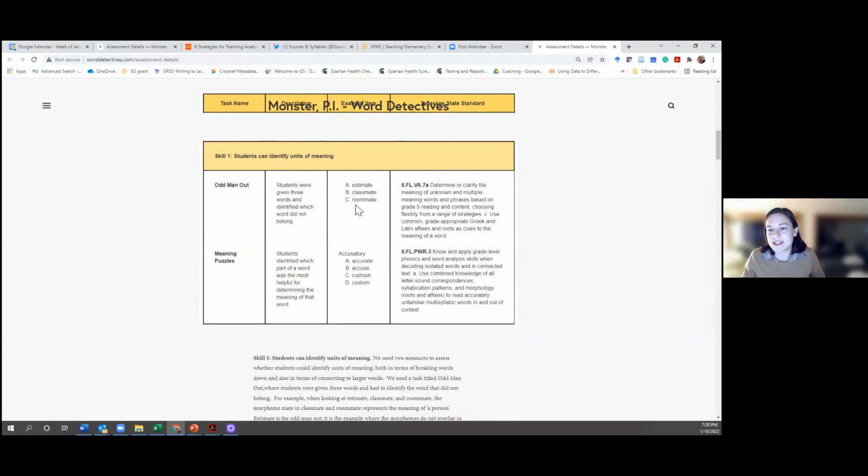One of them is, here are 3 words that share a morpheme. Are they the same morpheme that these 3 words share? So estimate, classmate, and roommate. Which word does not have the same morpheme?